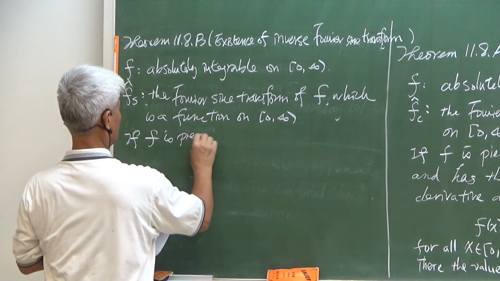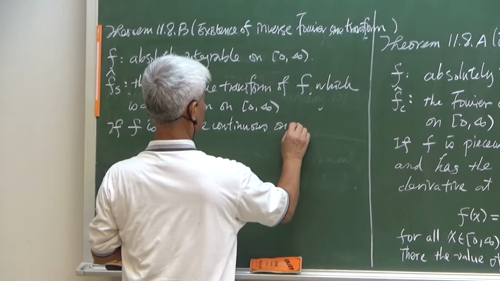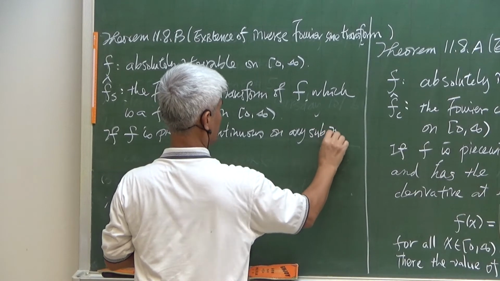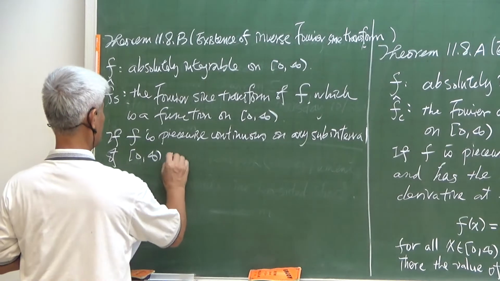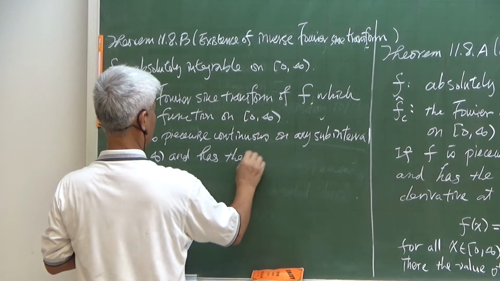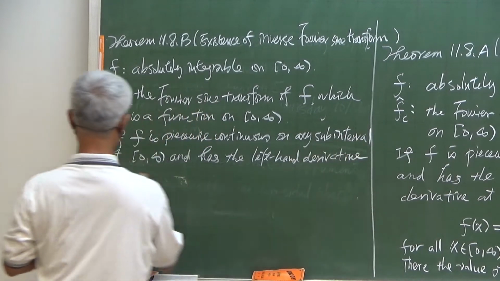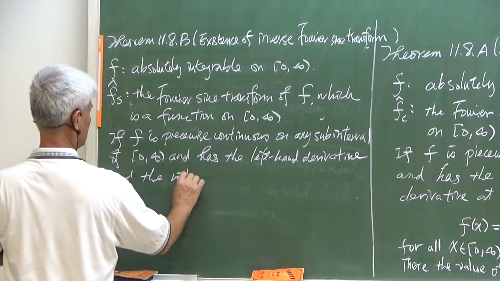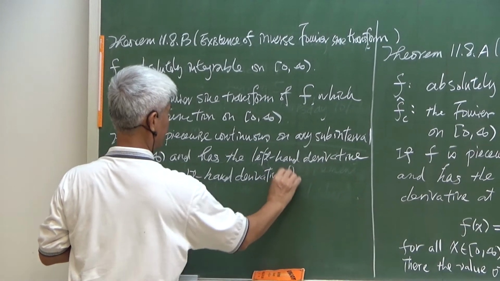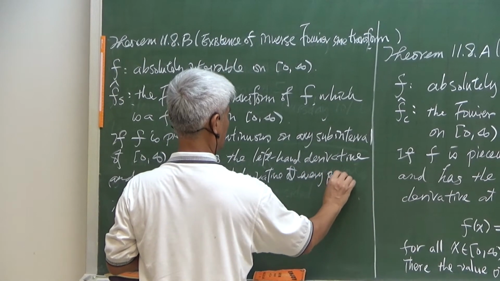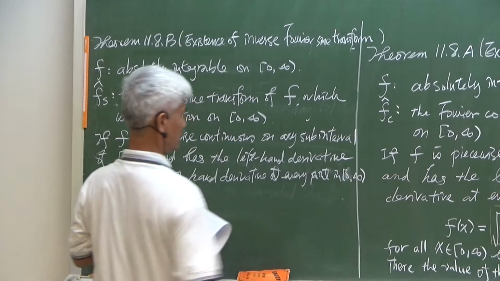f is piecewise continuous on any subinterval of the semi-infinite interval, and has the left-hand derivative and the right-hand derivative at every point in the semi-infinite interval.